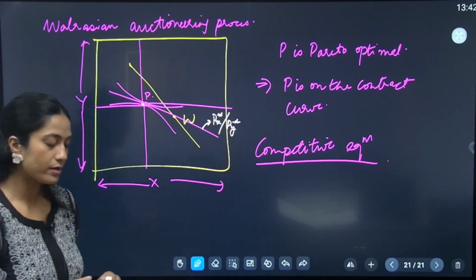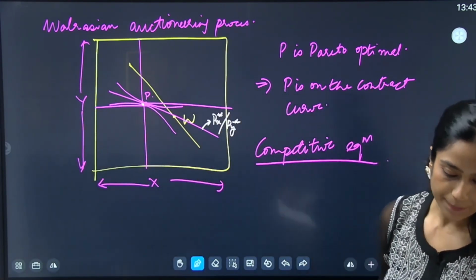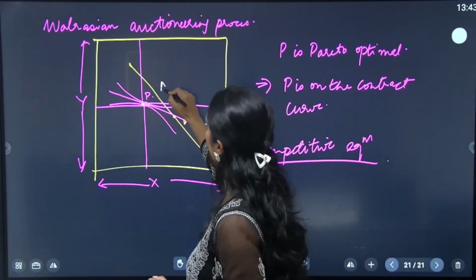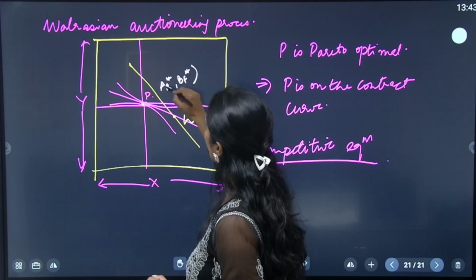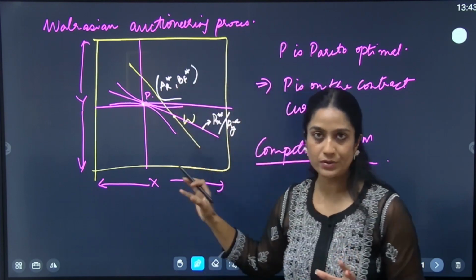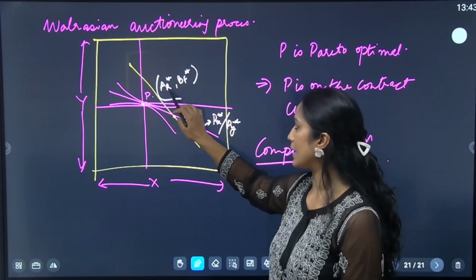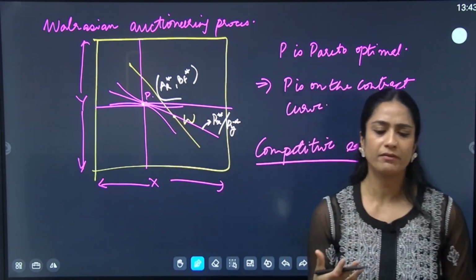These will be called competitive price ratios. And finally the allocation, the final bundle choices after optimizing their own utilities, the final bundles allocated to Rahul and Fiza, these are the competitive equilibrium allocation.